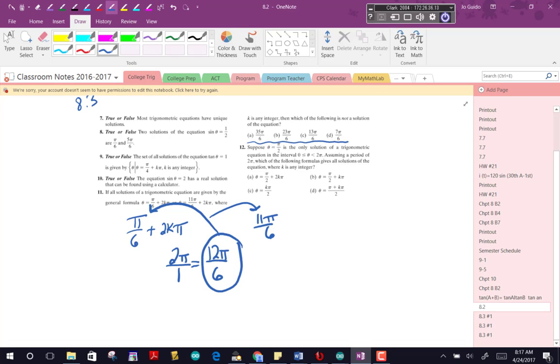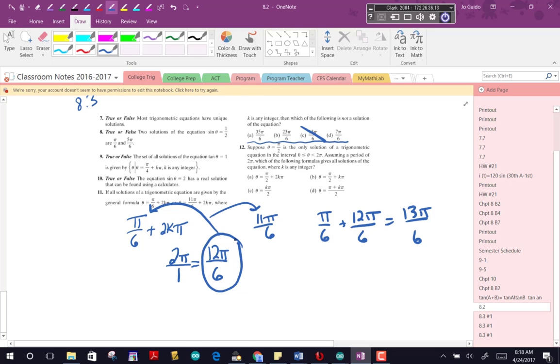So the answer would be C, which is not a solution? I think C is, because if I add 12 pi over 6 to pi over 6, I get 13 pi over 6. So that is a solution. Does that make sense?